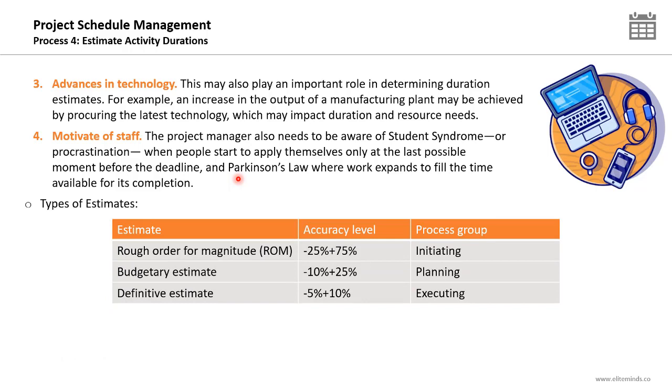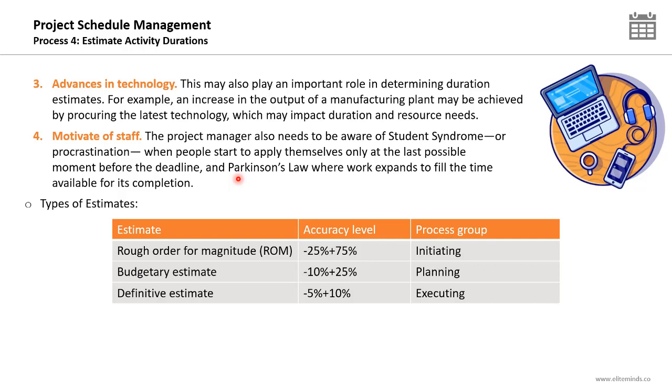Here are the types of estimates that are applicable to the duration, budget, and resources estimates. First of all, the rough order of magnitude. It's the one created at the initiating process group with an accuracy level of -25 to +75, a broad range of estimate, because we are in the initiation phase of the project and we do not have enough information.